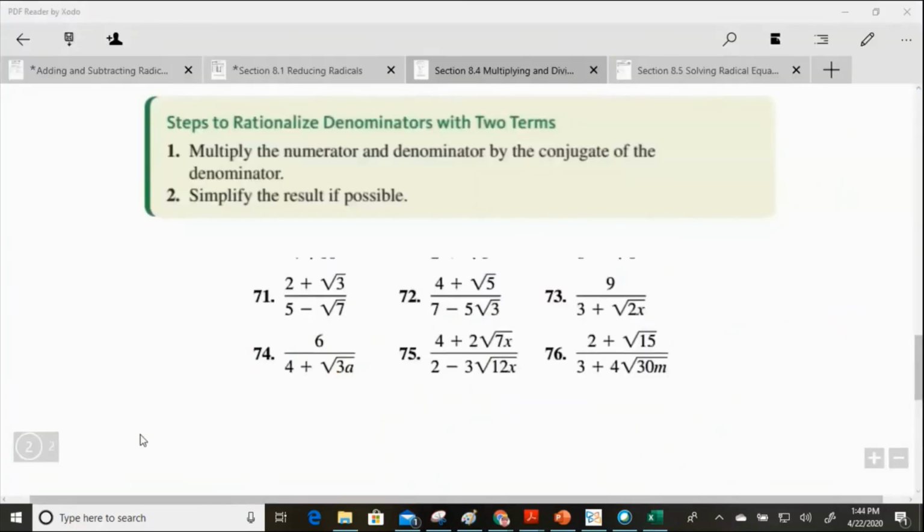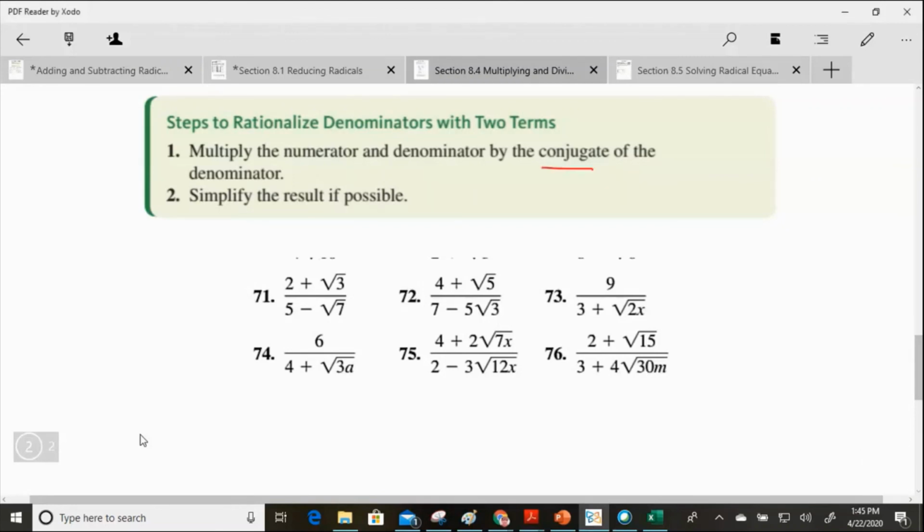Okay, next we have this issue where we're dividing, and in your denominator you have 2 terms, like a binomial. You'll see that 72 through 76, you do have a binomial in your denominator. So what you're going to have to do is multiply the numerator and the denominator by the conjugate of the denominator. So what is the conjugate?